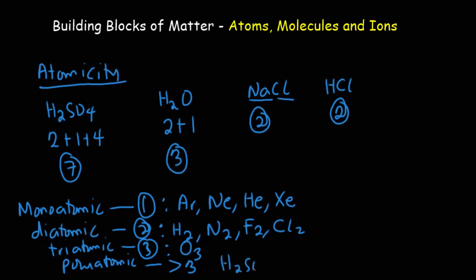So you can talk of H2SO4 with atomicity of 7, or H3PO4. All these are polyatomic molecules. Now, a molecule will be studied in detail in subsequent videos.